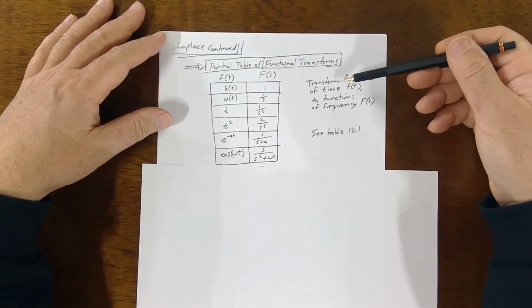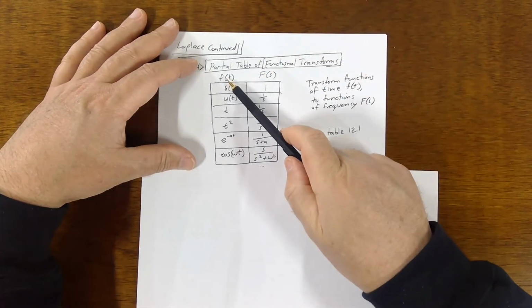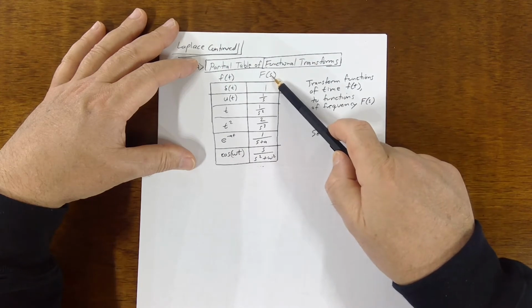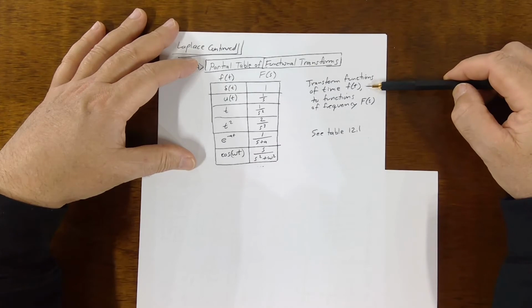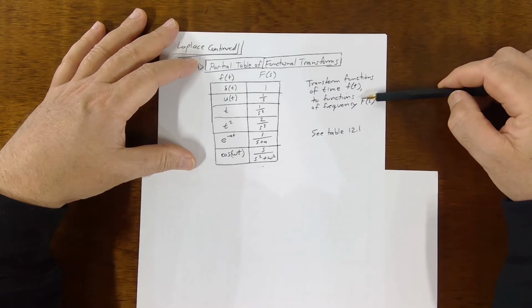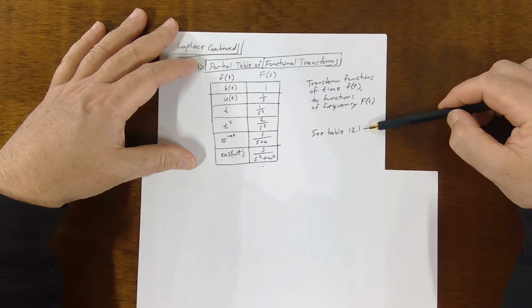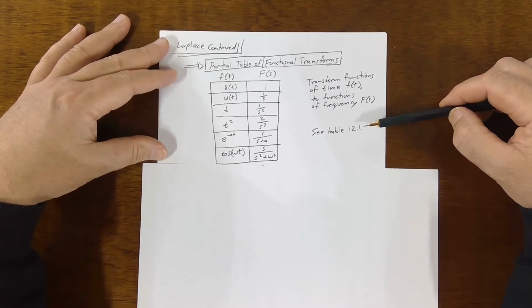So in summary, we call these functional transforms, in that they take a function of time and turn it into a function of frequency. So they transform functions of time, little f of t, to functions of frequency, big F of s. And there's a table in the book, table 12.1, that defines many common Laplace transforms.